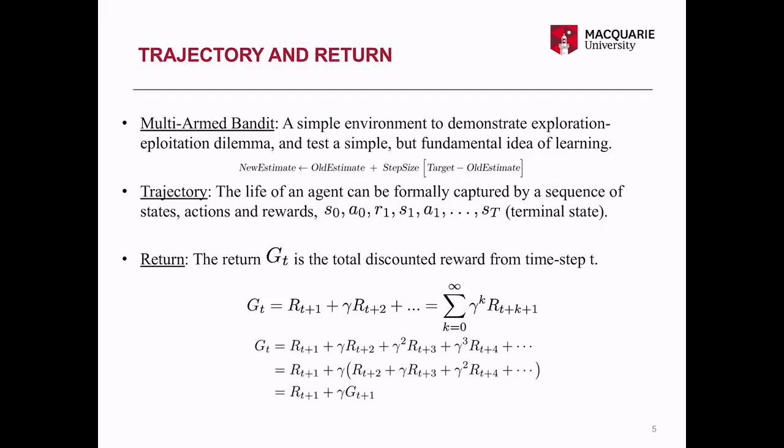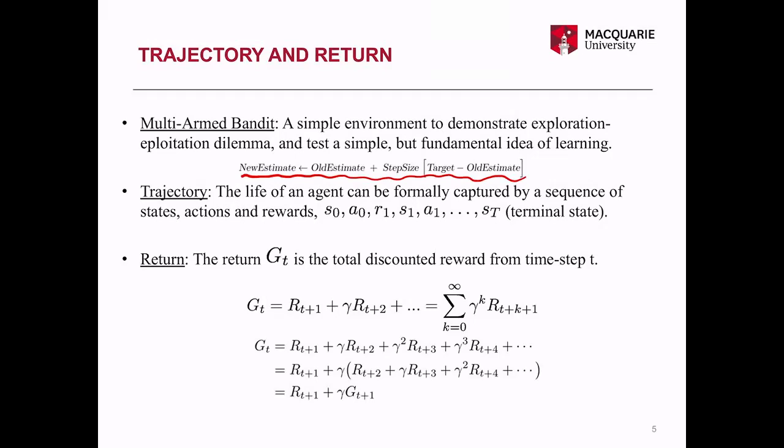We also saw the general pattern of learning when we were studying multi-arm bandit problems, and this is the archetype of learning in general. It's not limited to reinforcement learning or supervised learning. We have an old estimate, which can be an old classification or an old policy.